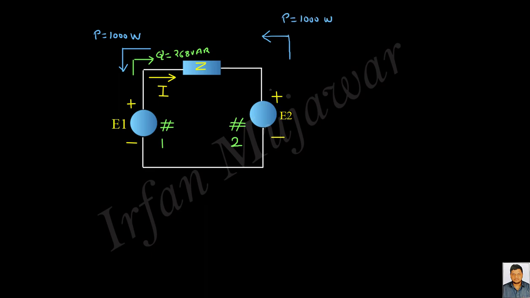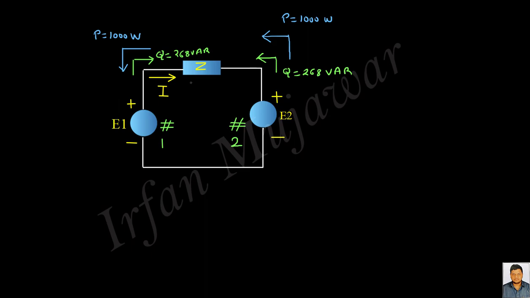And machine 2 also delivers reactive power, flowing in the same direction as the active power. So Q is 268 var. Machine 2 supplies 1000 watt. There is no active power loss, so the entire 1000 watt will be absorbed by machine 1. Machine 2 supplies 268 var. Machine 1 also supplies 268 var.